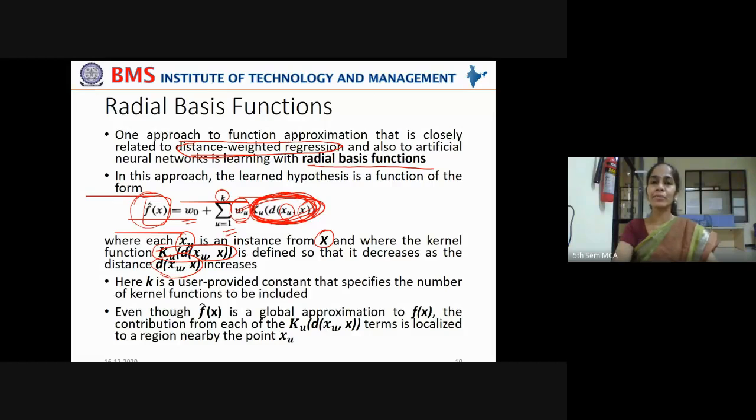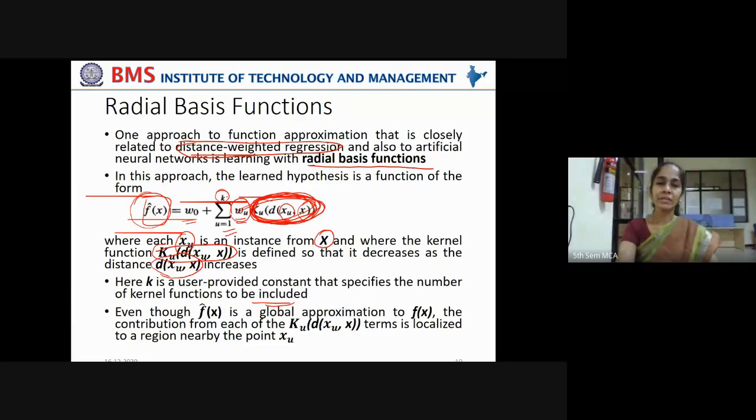So it is a reciprocal. It is inversely proportionate. If the distance decreases, the kernel function increases. If the distance increases, the kernel function decreases. K is a user-provided constant that specifies the number of kernel functions to be included.